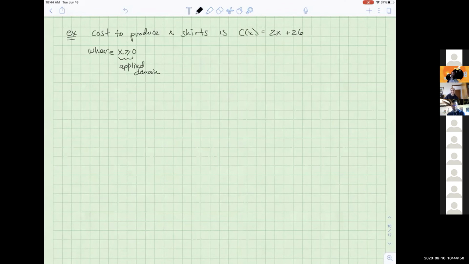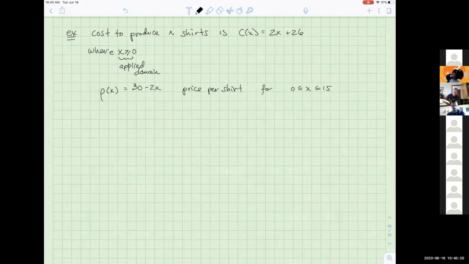And then it says the price demand function in dollars per shirt is given by rho of x equal to 30 minus 2x. This is the price per shirt, and it's got its own domain for 0 less than or equal to x less than or equal to 15.